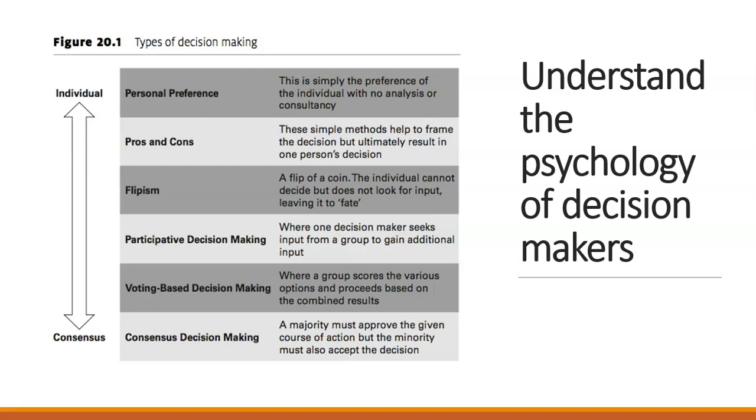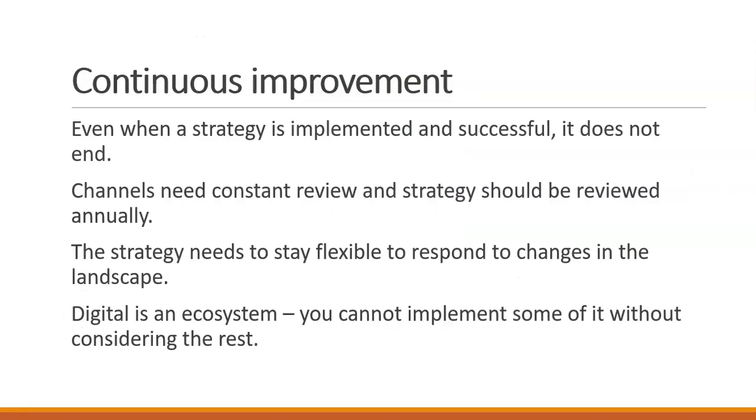And once we've launched the plan and are collecting data on it and we're in the daily, then we need to think about continuous improvement. When strategy is implemented and successful, that doesn't mean that we stop doing what we're doing. We need to update.